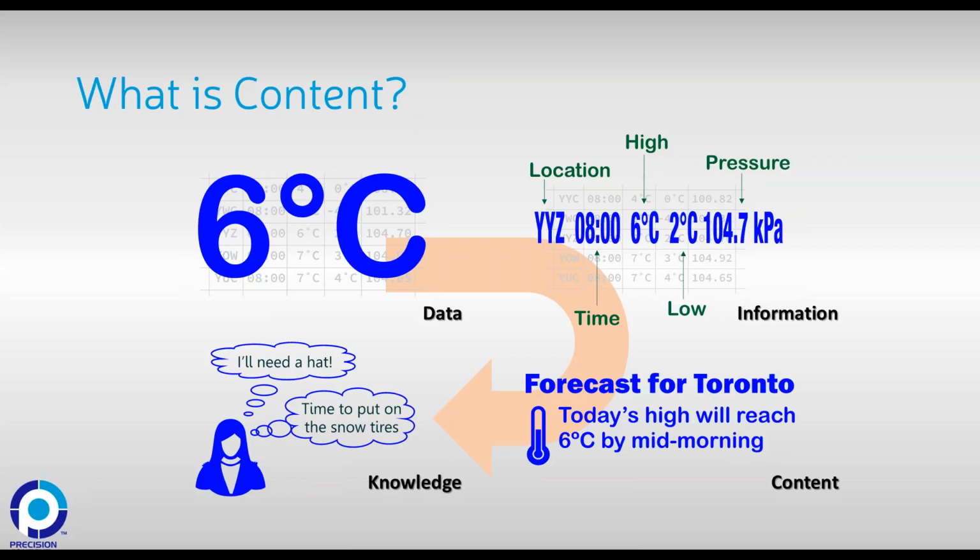So when we're talking about content, we're not talking about the information or information systems, but how that information is written and delivered to our customers so that they can get knowledge from that content and be able to use it.